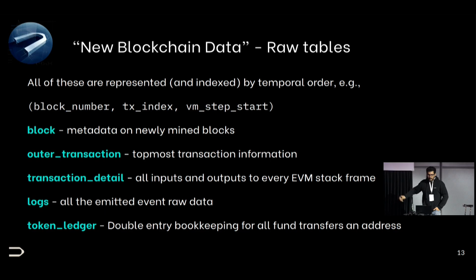This is also a time series table, and it represents all sorts of transfers that happen, including token transfers and ETH transfers, even things such as self-destruct, but it records 2 entries for every single transfer in a double entry bookkeeping style. This gets quite handy if you want to reason about, for instance, net transfers for a particular period of time.